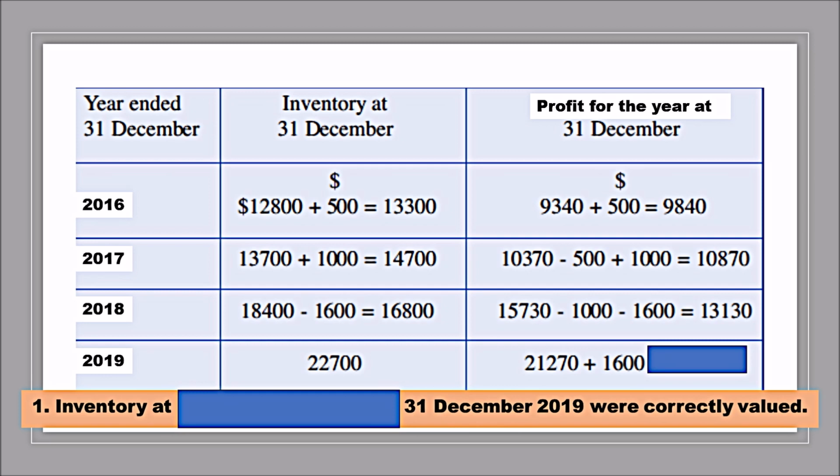If the inventory was correctly valued, which implies also that the profit would be correctly valued. Hence, the correct figure for 2019 would be 22,870 after correction of only the opening inventory.